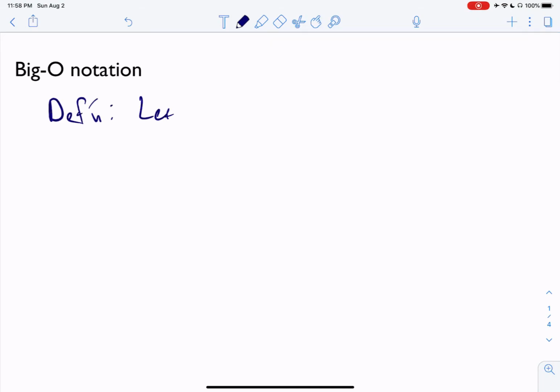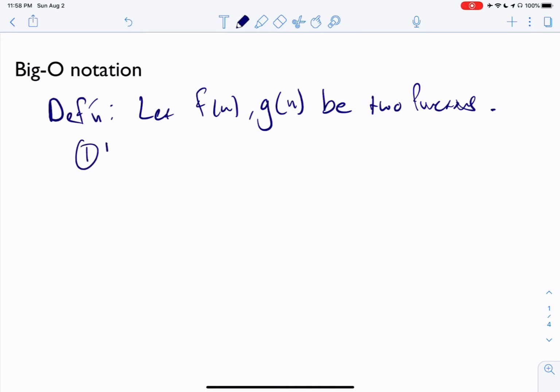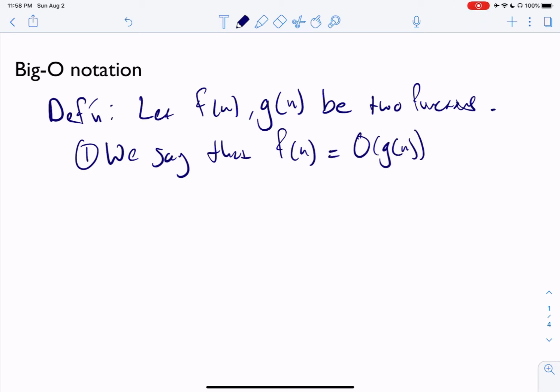So let f of n and g of n be two functions. Okay, so we say that f of n equals big O of g of n, or just O of g of n. Usually when we say O of, we mean big O. There actually is a small o, and we'll get to that later.